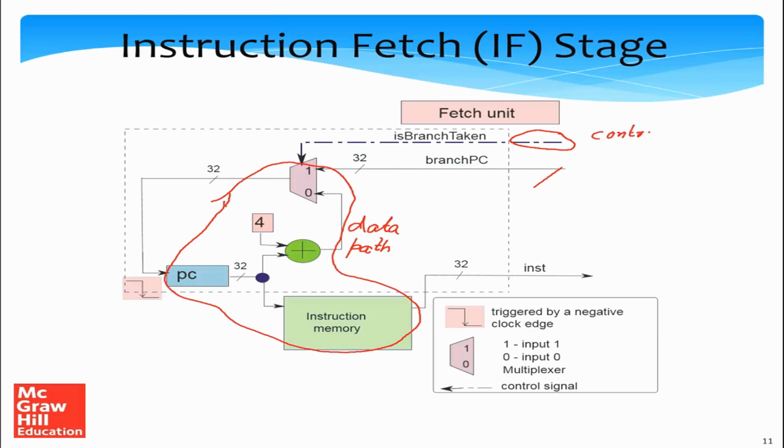They comprise the control path, right? So the control unit and these wires to control the multiplexers are part of the control path.